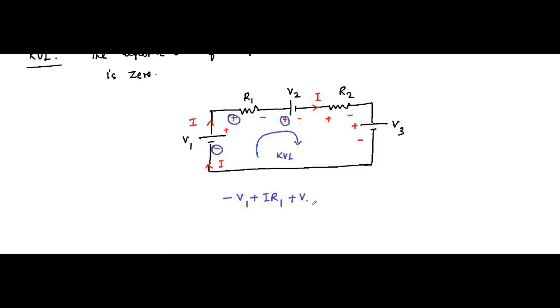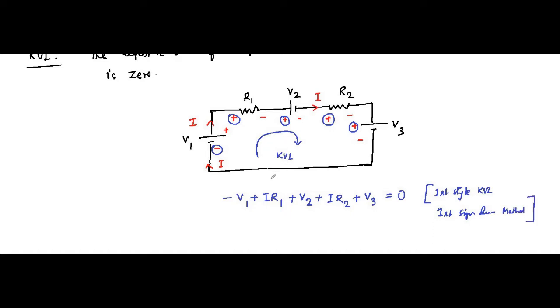Then while coming across R2, the first sign is plus, so that will be plus IR2. Then while coming across V3, the first sign is plus, so that will be plus V3, that is equal to 0. This is the first style of writing KVL, the first sign dominating method, where you put the first sign you encounter while coming across any circuit element.